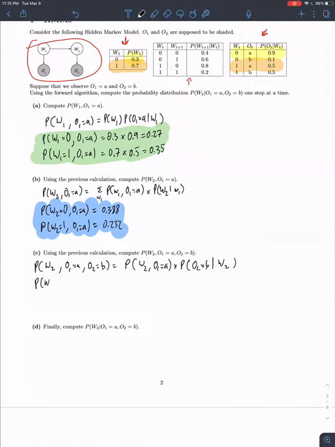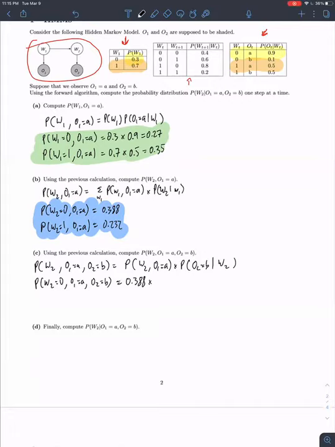So probability that W2 equals 0, O1 equals A, O2 equals B. Well, looking at the blue, W2 is 0, O1 is A, that's 0.388 times O2 is B given W2. Well, we can look at the third conditional probability table.